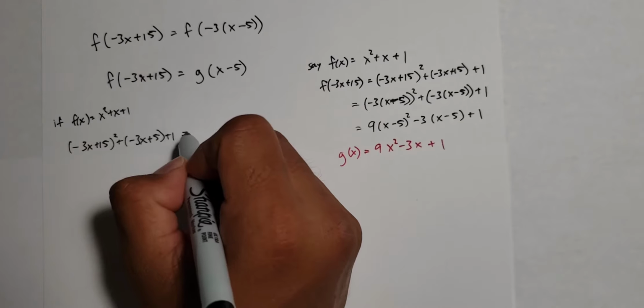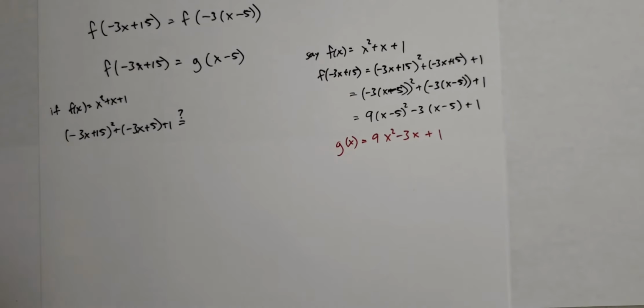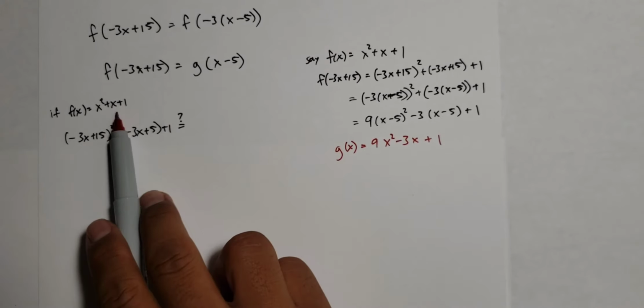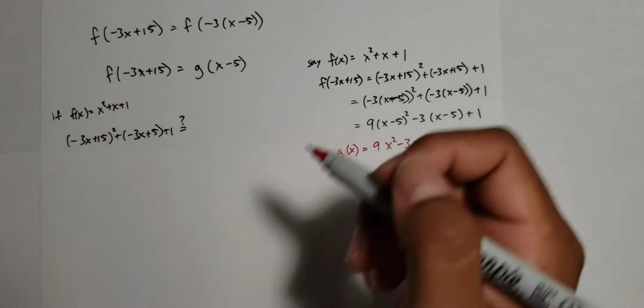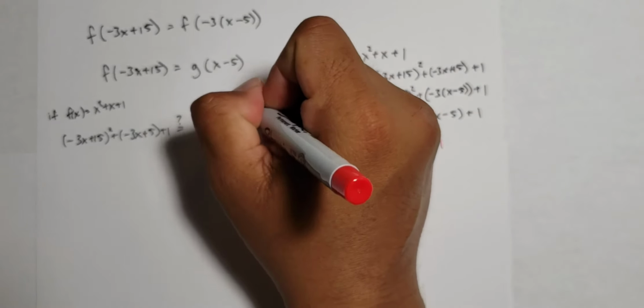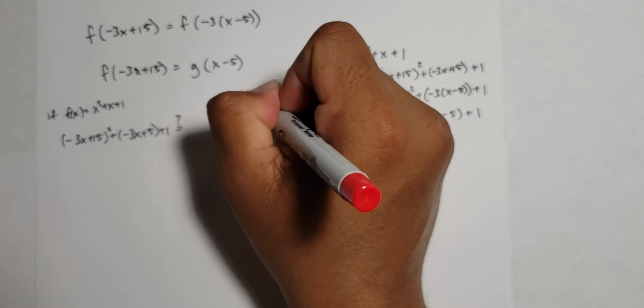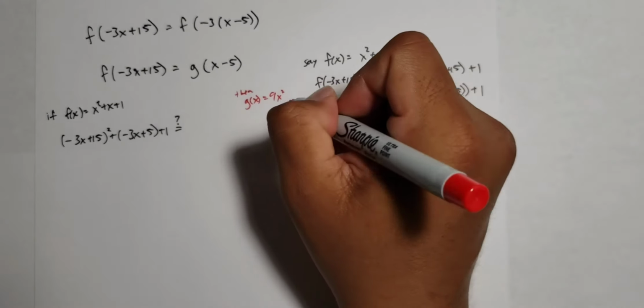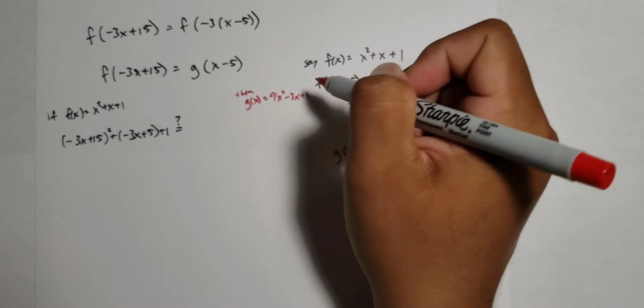But is that equal to some other function g evaluated at x minus 5? Well, if that's equal, then g of x would have to be 9x squared minus 3x plus 1.